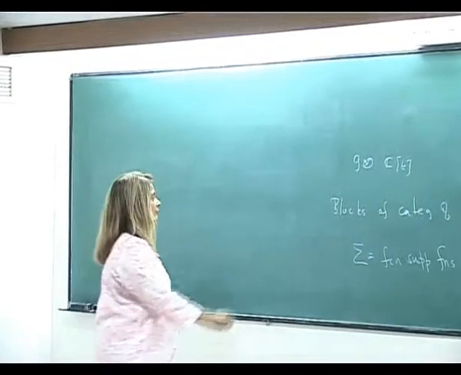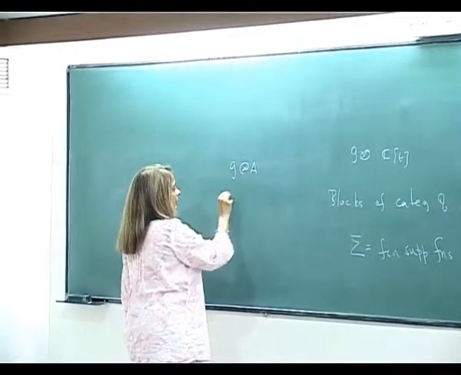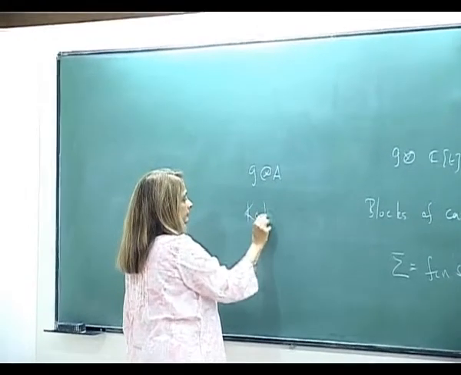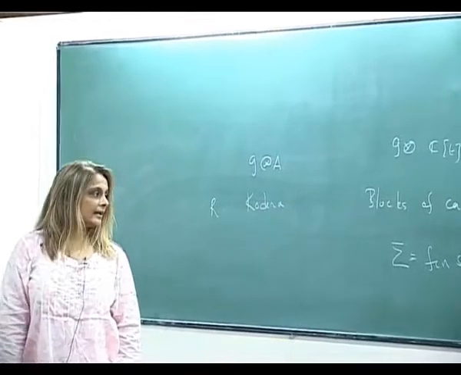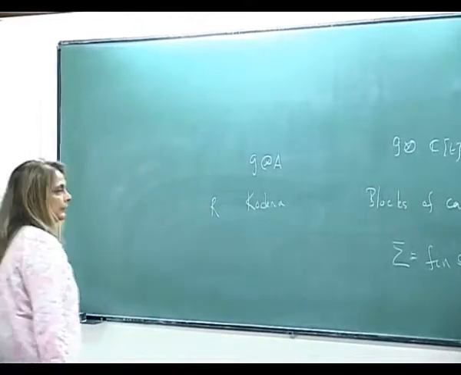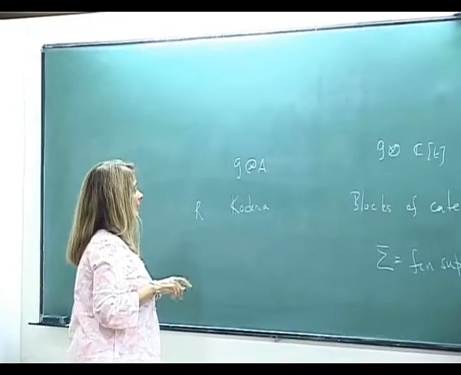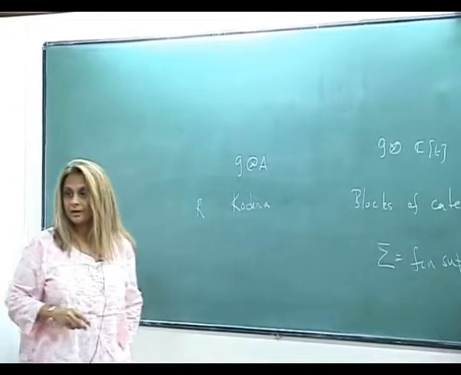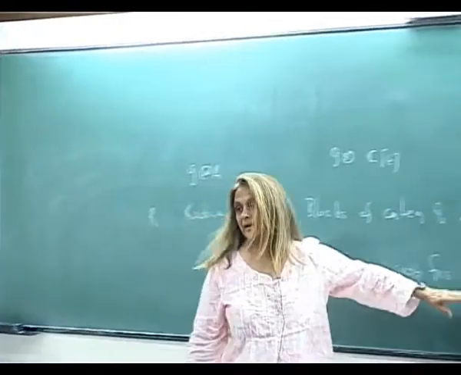And in the case of g tensor A, this result has been generalized, the blocks of this, by a guy called R. Kodera. And there is something funky that shows up, which you don't see over here: the tangent space matters. These are points, so these are maximal ideals.